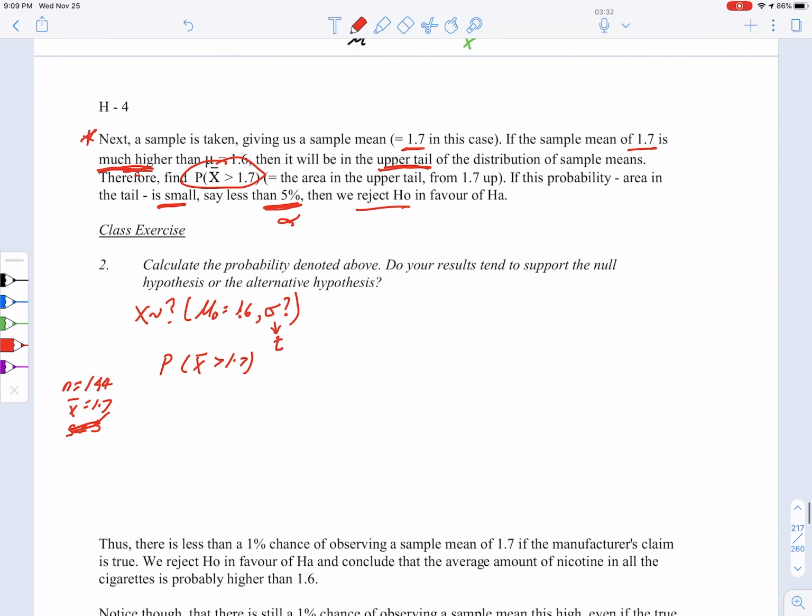Need to go back here. Oh, 0.05, of course. S is equal to 0.05. So here's the distribution of sample means, 1.6. We're looking for this area here.